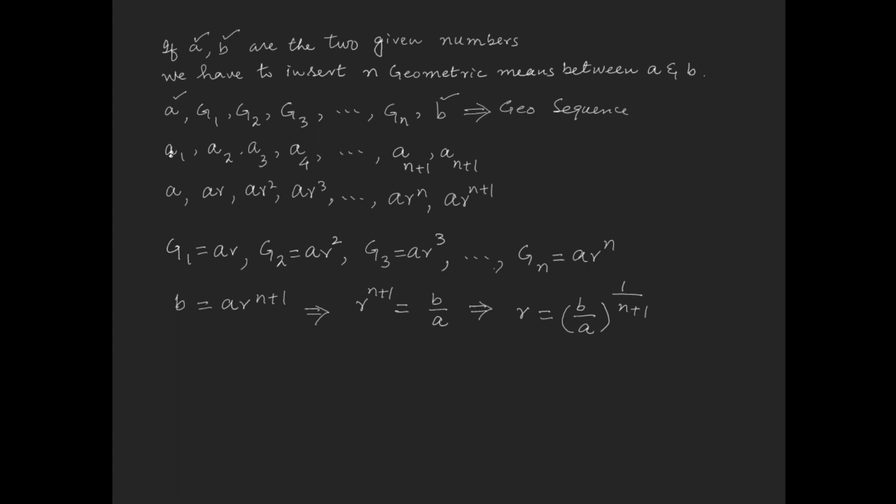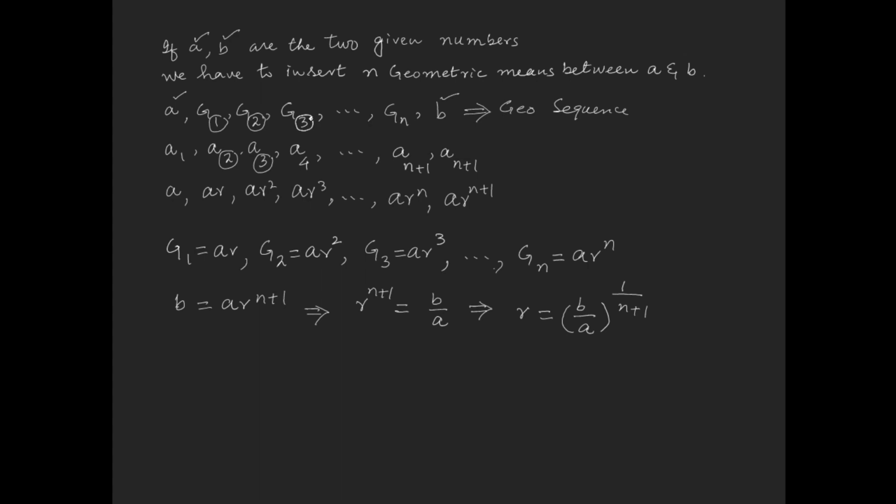So this is our first term. The first term is A. Then the first geometric mean is the second term. The second geometric mean is the third term, and the third geometric mean is the fourth term, and so on. And Gn is our A n plus 1 term, because over here if the geometric mean is 1, then the term is 2, one more. And if the geometric mean is 2, then the term is 3, one more than 2.